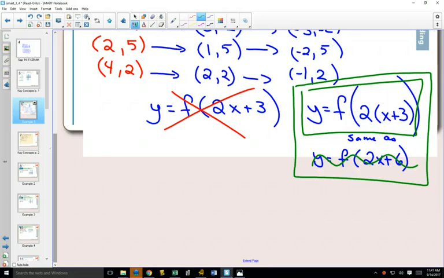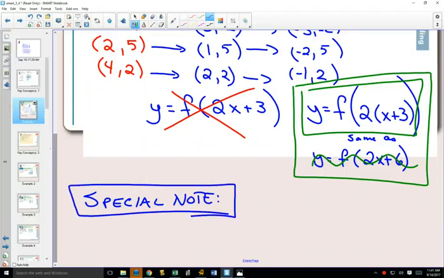And so at the bottom of this page, there's some space. We're going to add the following special note. This special note happens with horizontal stretches and horizontal translations.